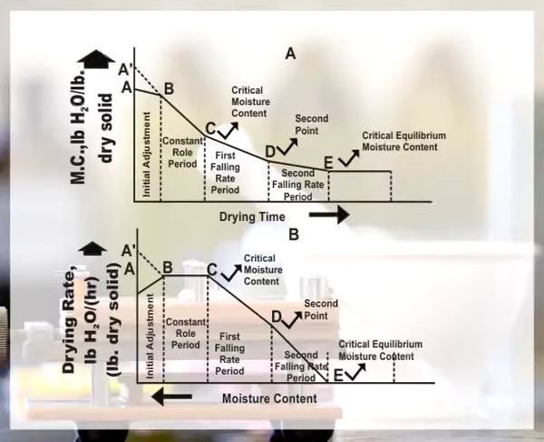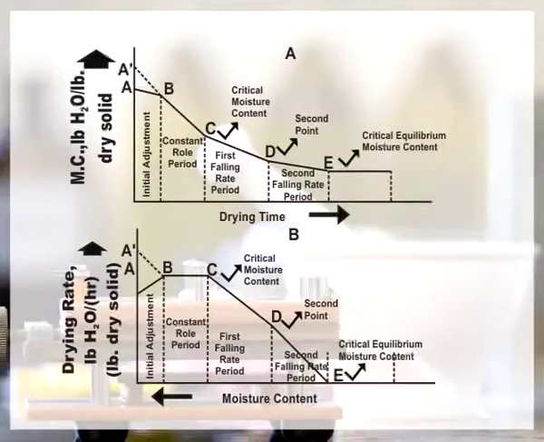In this graph, the AB line is called the heating up period. During this period, the solid absorbs heat and its temperature increases. Any wet substance when kept for drying absorbs heat from the surroundings, and vaporization of the moisture takes place, which cools the surface.